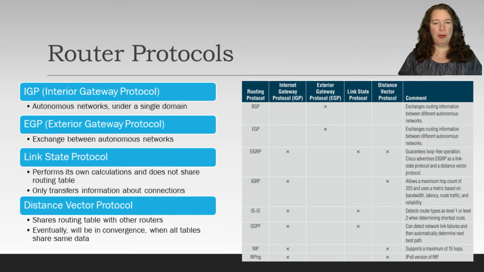When it embeds these into packets, it allows that to be shared as things go along. So remember, we're talking to outside networks. We're talking to other places, and we want to store that. So the BGP is the newer, updated version of EGP. It's the better version, and it exchanges its routing information with different networks. They both do, BGP being Border Gateway Protocol, and EGP just being exterior.